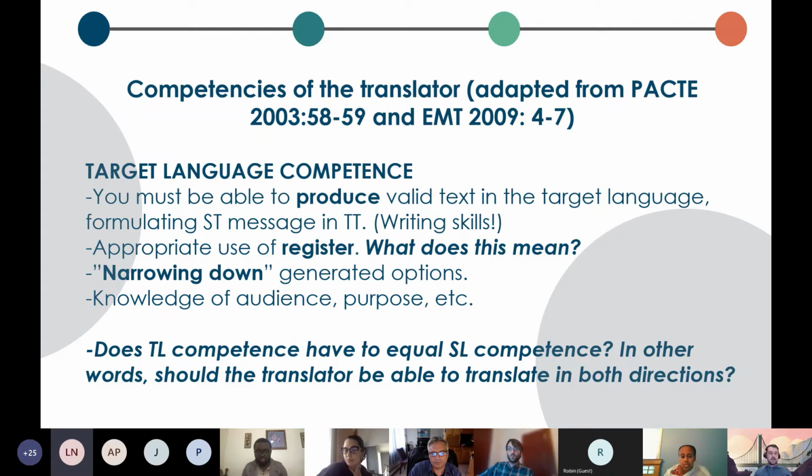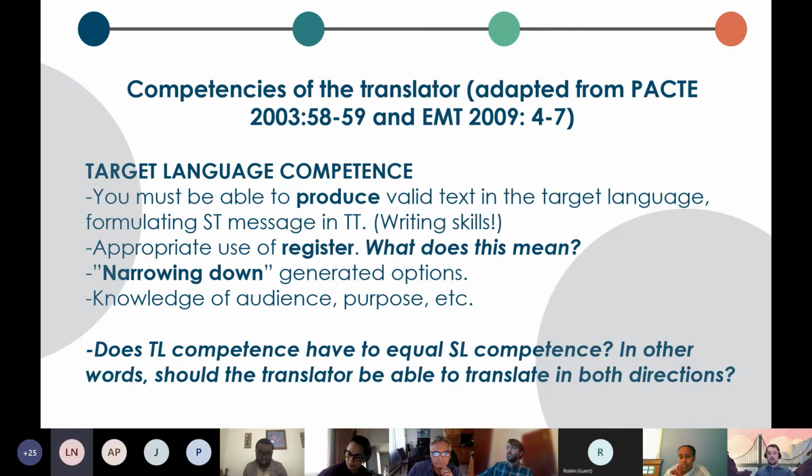So in the United States, generally, the requirement is that you should only translate into your native language. In other countries, the expectation is usually you should be able to translate both ways. So in Europe, for example, that is usually the requirement. But like I said, in the United States, usually in terms of translation, you should only translate into your native language. That's not always the case that can be done.